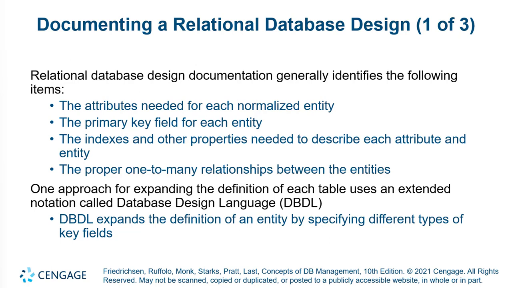We'll identify primary keys, and also other types of keys like alternate keys or secondary keys. Then we'll identify any indexes if we have those set up, and of course the relationship between our tables, our entities. So let's talk about that a little bit more.